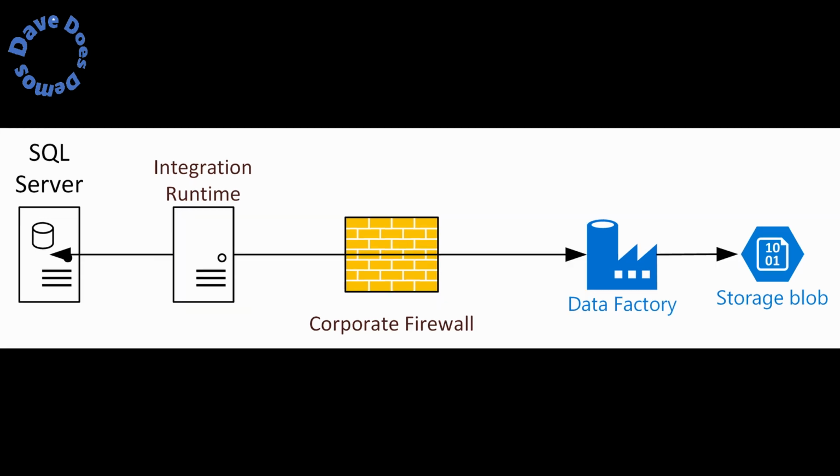And as you'll see from the second diagram, all of that fits together so that the integration runtime is actually reaching outwards through the firewall on port 443 in a secure way with very little firewall configuration, so that Data Factory can then reach back into the network over that connection and take data from SQL and copy it into the storage blob. So that's it for this demo.